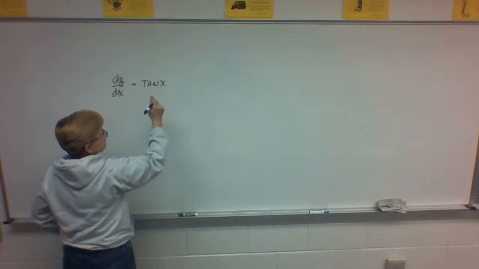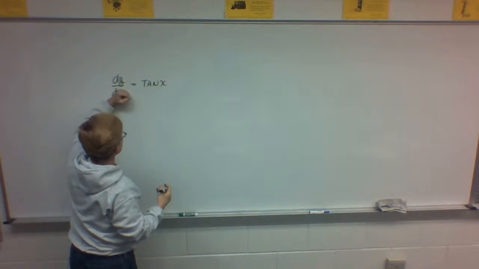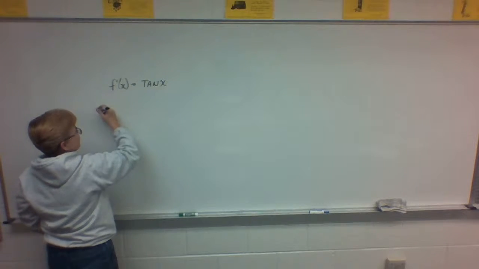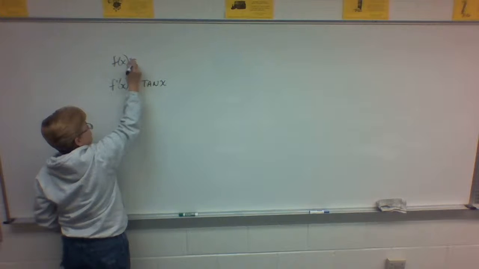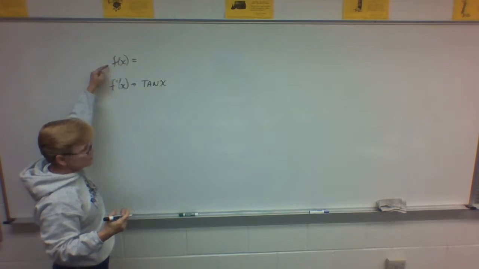And for the sake of notation and understanding this completely, I'm going to change this to f prime, and we are looking for f. So I'm putting it up here because we're used to seeing f and then f prime in our experience so far, right? We're trying to recover this.